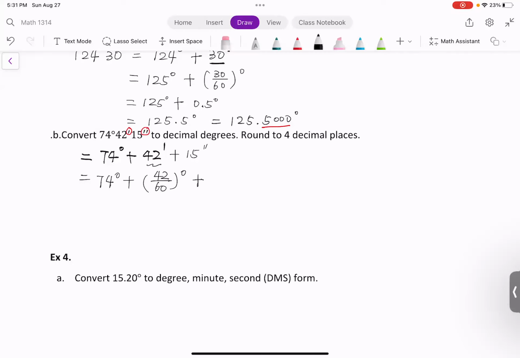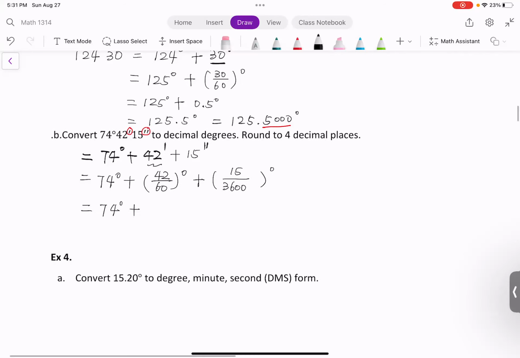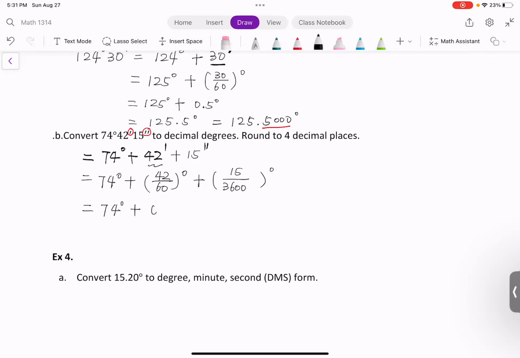And then from the second to degree, divide by 3600. All right, let's use the calculator to do the computation. 42 divided by 60, so that's 0.7 degree.